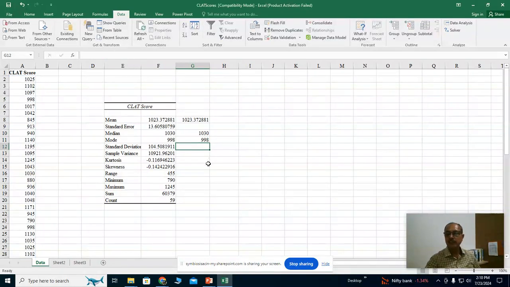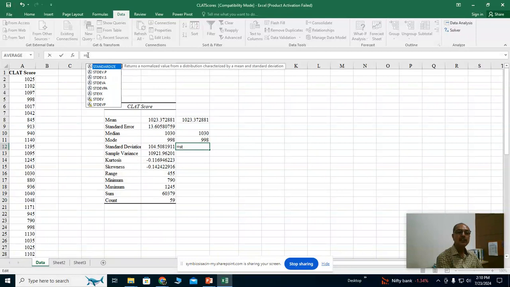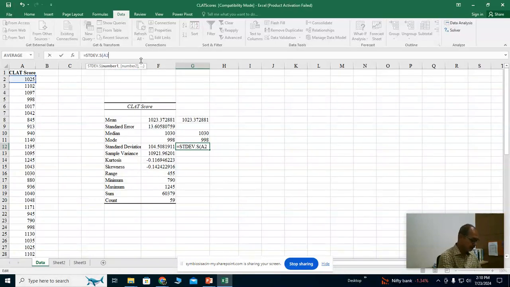Standard deviation, again, is the measurement of the variation. That you can also do. Just put the equal sign here, and STDEV is the function for this. So STDEV, you can see the standard deviation sample and the population. Select the sample here, and then write A2 to again A60.